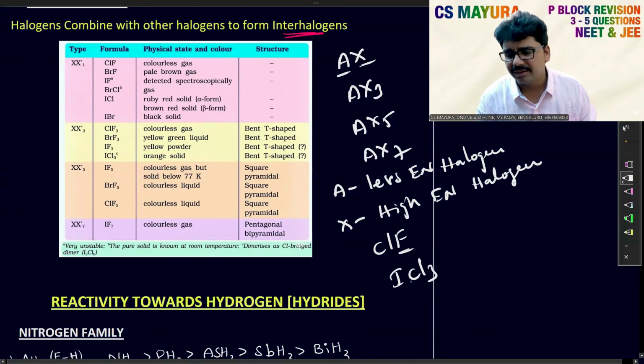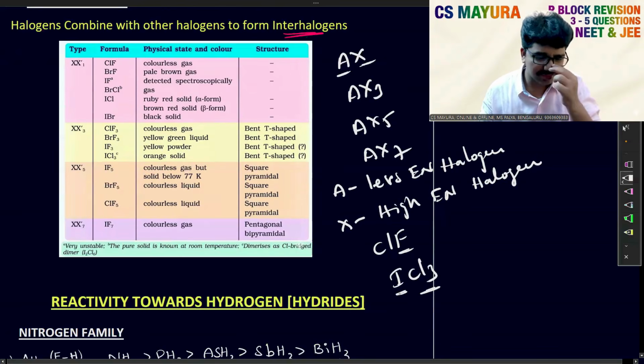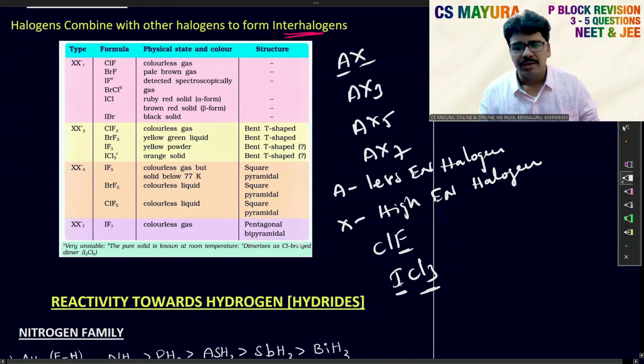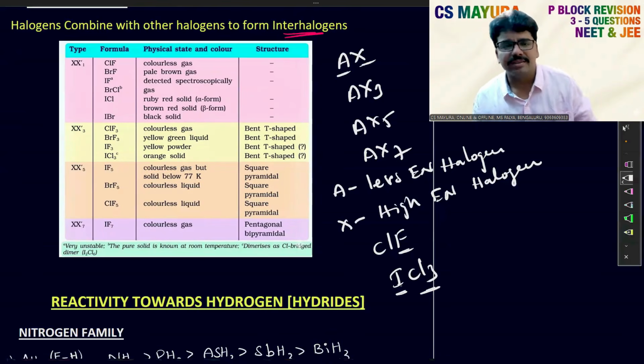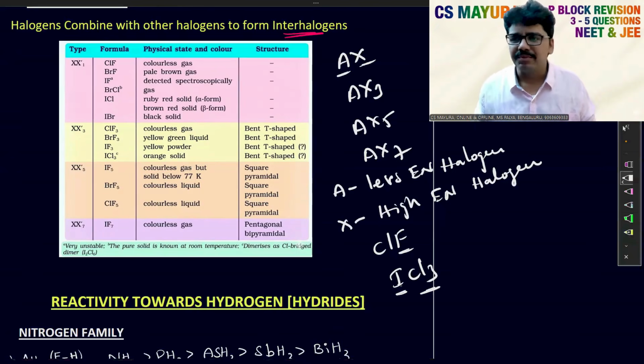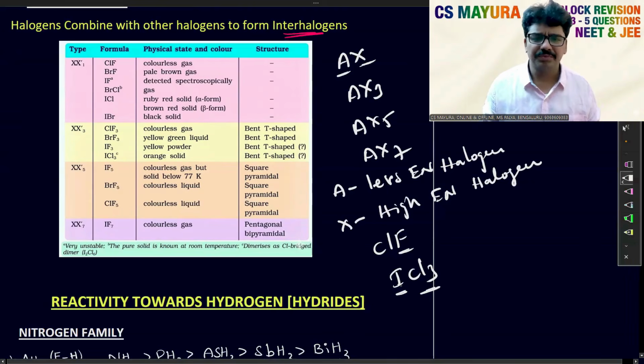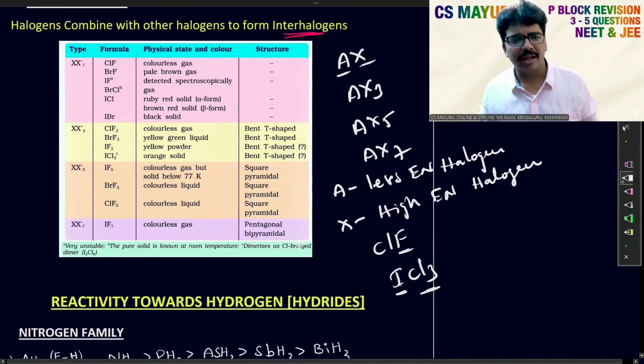Or take ICl3: chlorine is more electronegative, iodine is less electronegative. So the A place will have the less electronegative halogen and the X place the more electronegative halogen. So there are 4 types of interhalogens: AX, AX3, AX5, AX7.